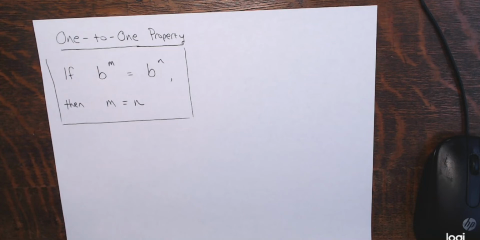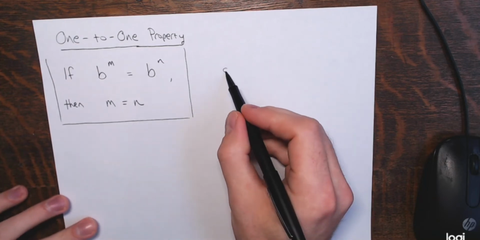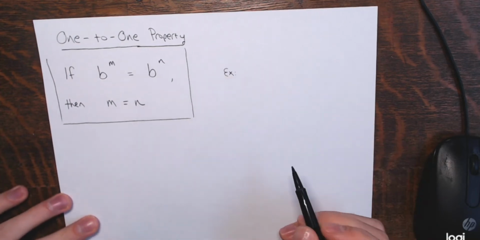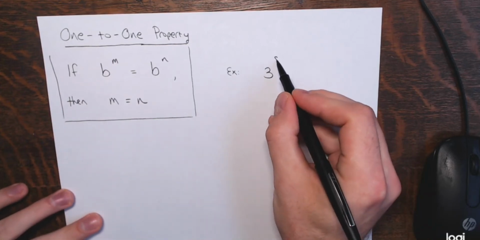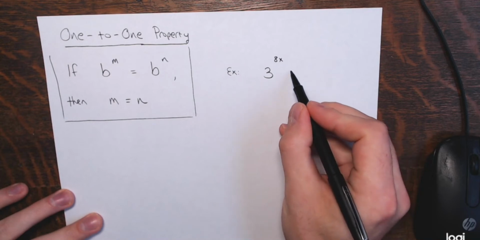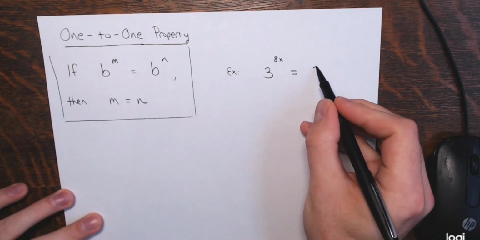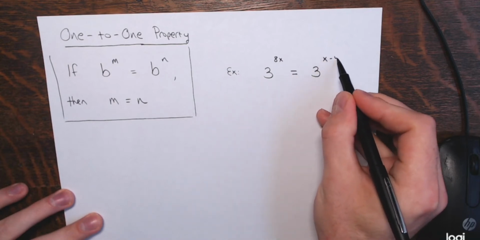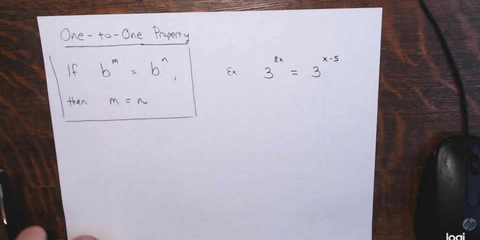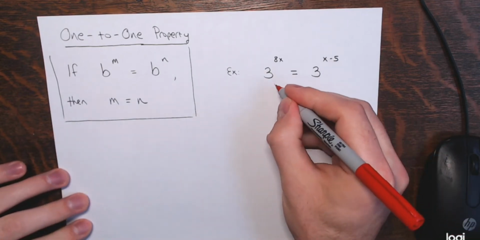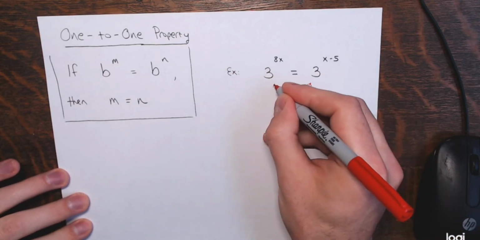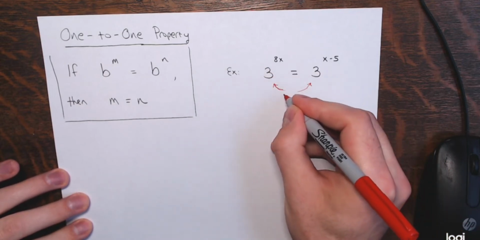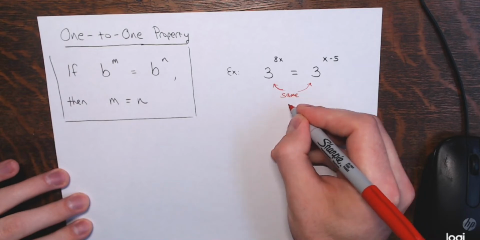And that's what we're asked to use in this objective. So for example, they have 3 to the 8x power equals 3 to the x minus 5 power. Notice that these have the same base, and it's a single base to a single power. There's not some sort of multiplication or addition or subtraction or division going on, but they have the same base.